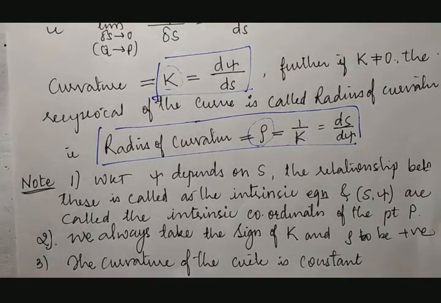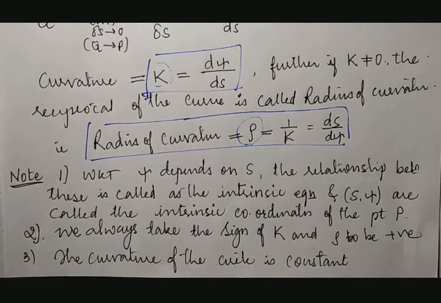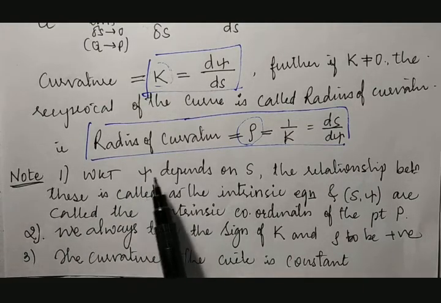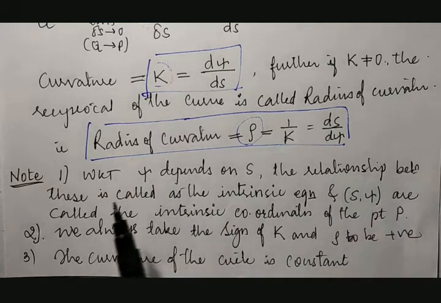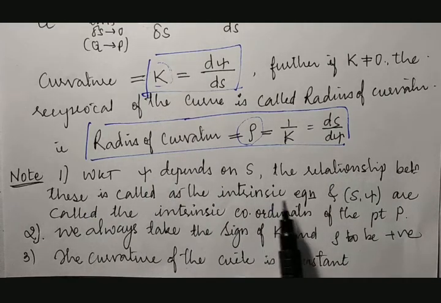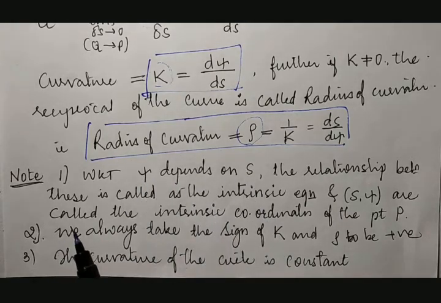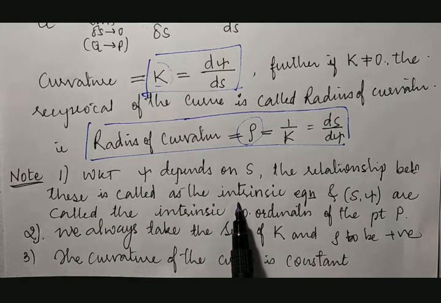Now there are a few points to be considered for the calculation. We know that psi depends on S. The relationship between these is called the intrinsic equation. In any equation, if psi and S are considered, that is called an intrinsic equation.